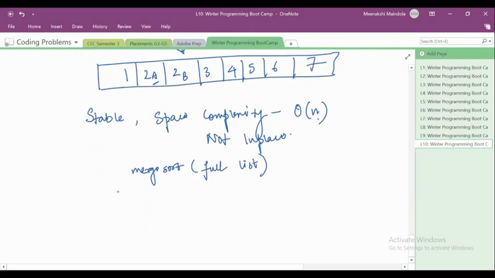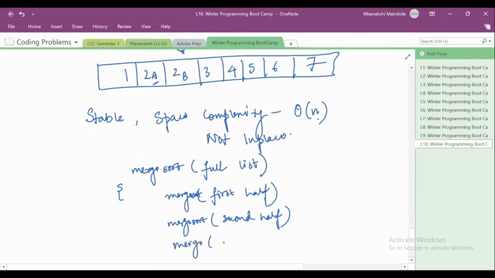And then what do you do? You simply call merge sort on the first half of the list and call merge sort on the second half of the list. And after you have called merge sort on both the halves, you simply merge the array back. So you merge the first half and the second half.